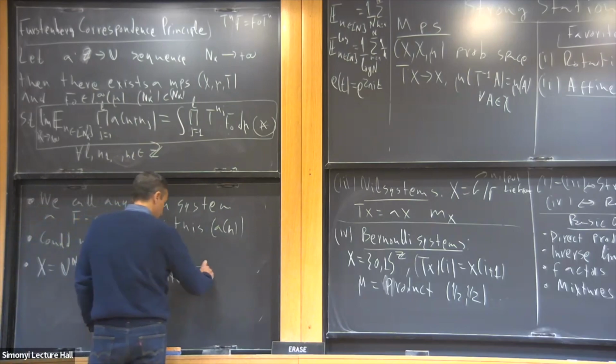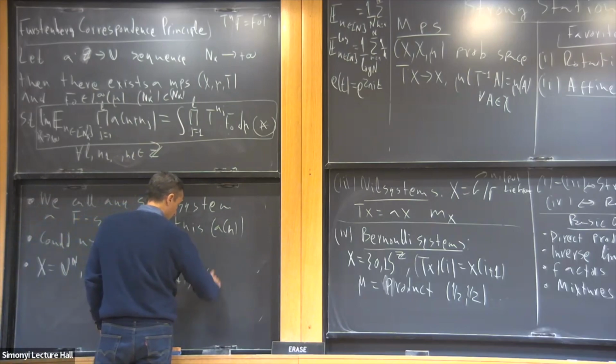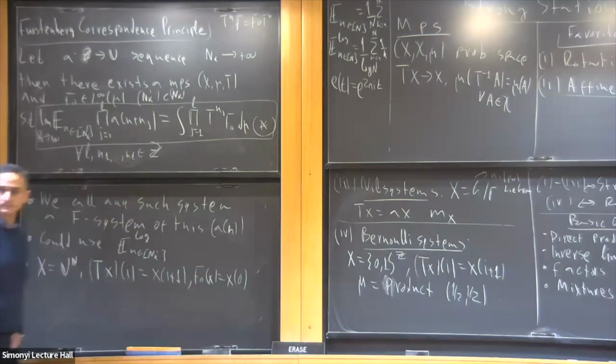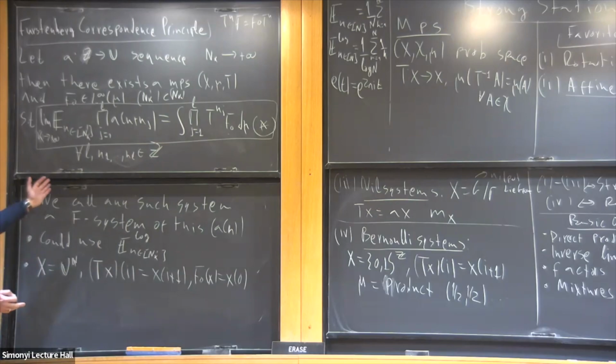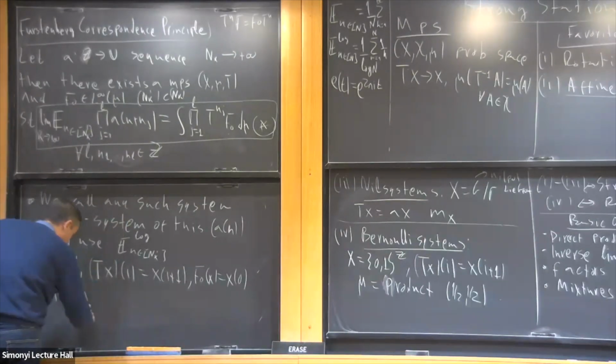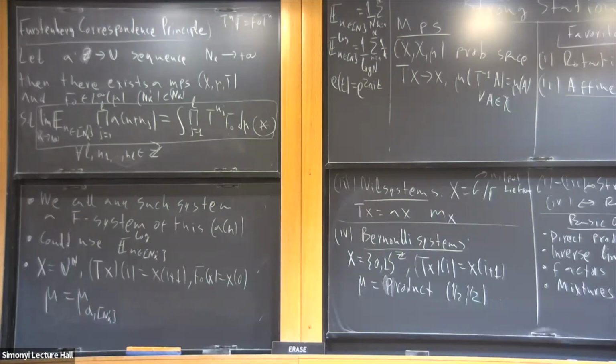The function is fixed. It's the evaluation of the zero coordinate. So the only thing that depends on the sequence is the measure that you put. Something has to depend on the sequence, and the measure depends on the sequence and the subsequence. Okay, so it's all about this measure. Good.